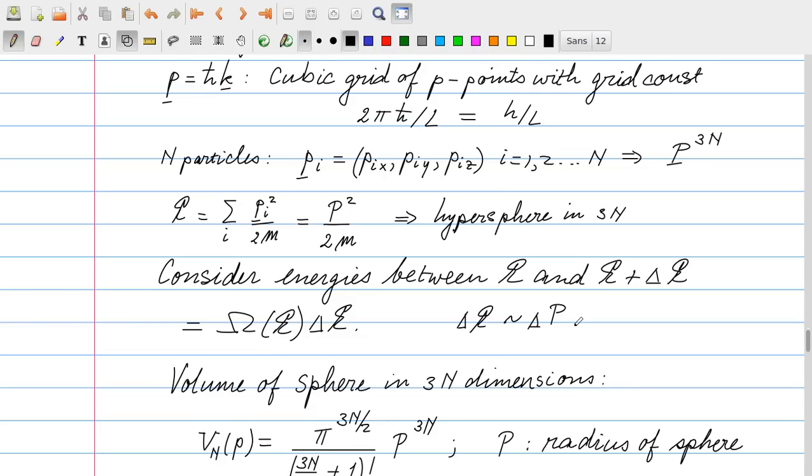And that means that we do not have a spherical shell which is infinitely thin, in 3N dimensions, but a shell of a finite width, a finite thickness.